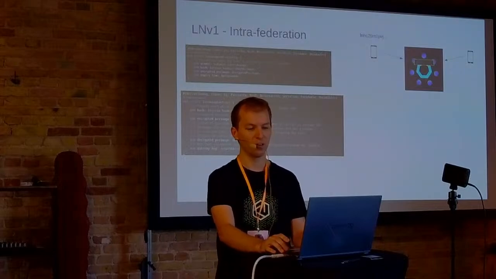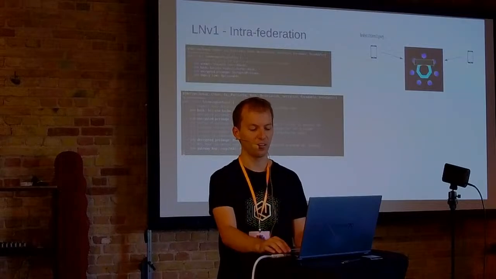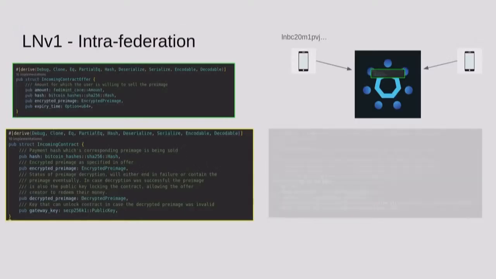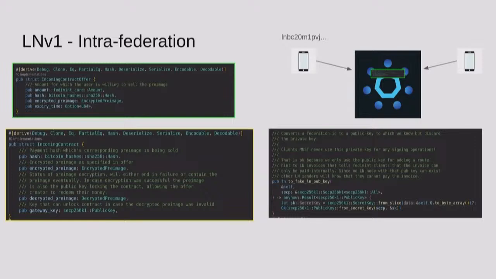So because we know that they're in the same federation, when we can figure that out, we actually do a somewhat clever trick. We take the federation ID and we put it in the route hints of the invoice. So we're kind of abusing that field a little bit, and assume that the Fedimint client on the sender side is smart enough to look inside the route hint, reinterpret it, and say, is that the same as the one that I'm a part of?